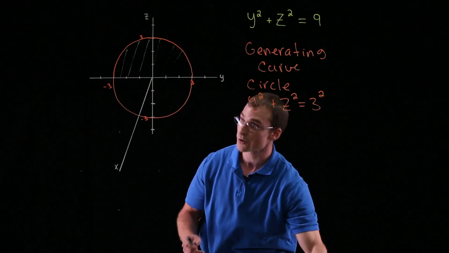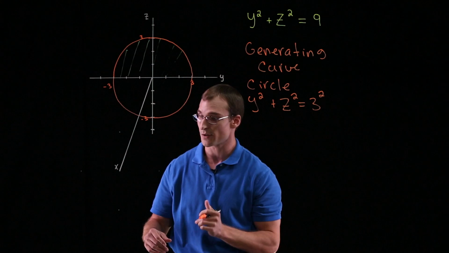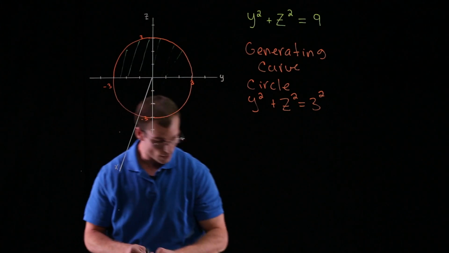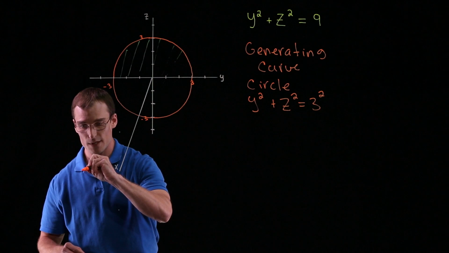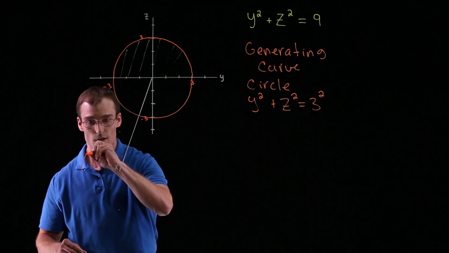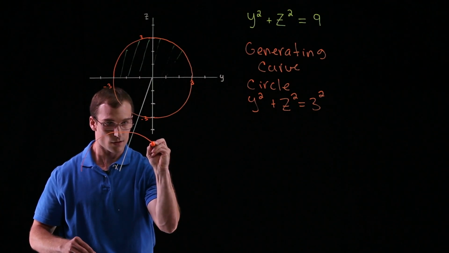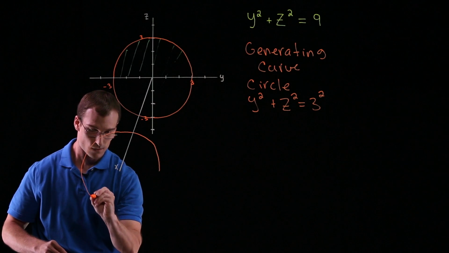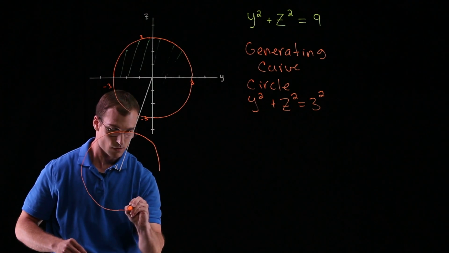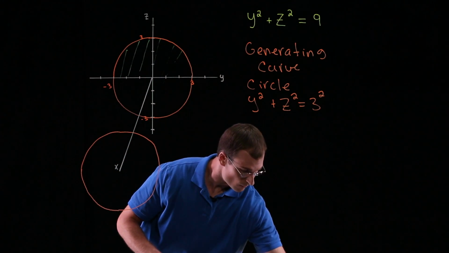So what we're going to see is this circular figure kind of being projected along the x-axis in 3 dimensions. So down here somewhere, we'll go ahead and complete this and try and get our 3-dimensional figure. So this circular image, there we go.